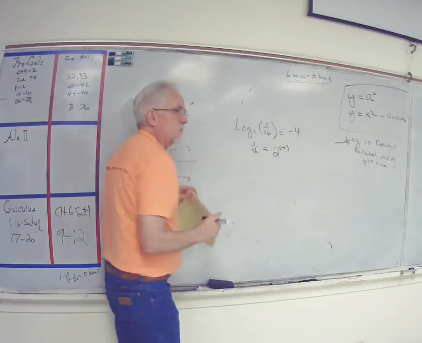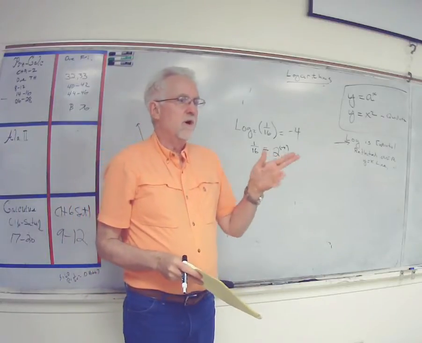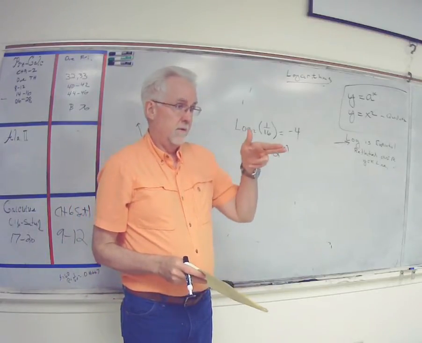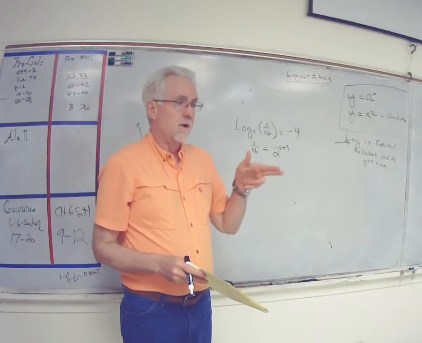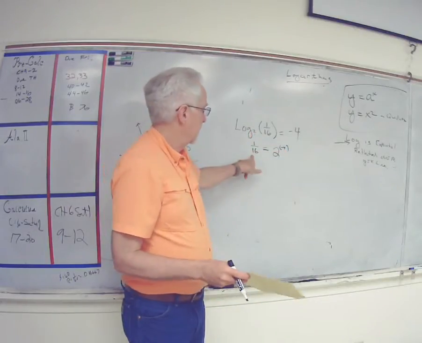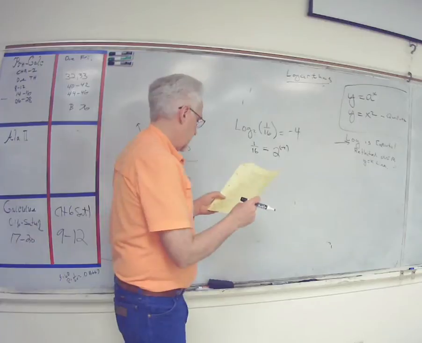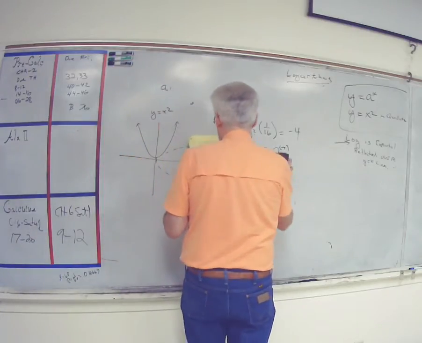So now, what is 2 raised to the negative 4? It's 1 over 2 to the 4th, which is 1 over 16. See, it works, right?